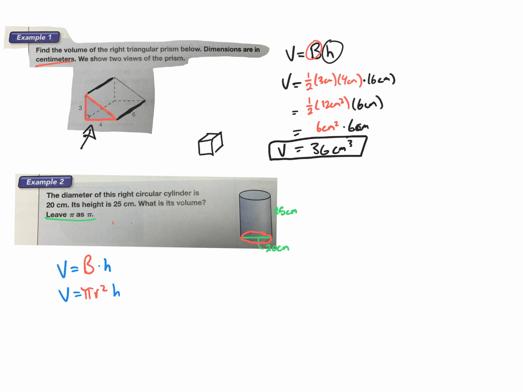Recall, please, that they said the diameter is 20 centimeters. So that means the radius is going to be 10 centimeters. So as we plug this in, this is going to be pi times 10 squared. And the height is the distance between my circles, which is going to be that 25.